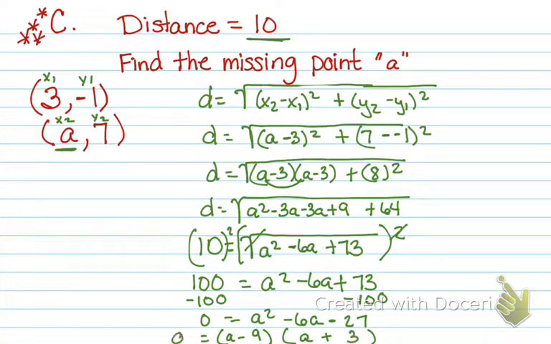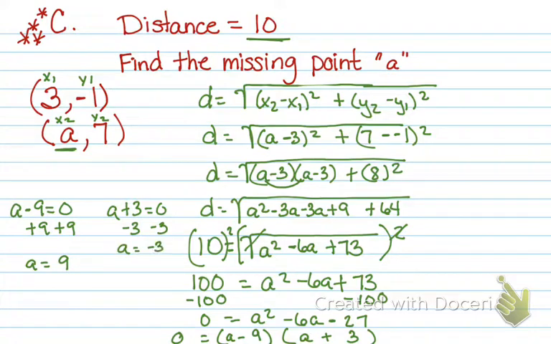Then to solve, I set each piece equal to 0. a minus 9 equals 0, plus 9 on both sides, so a could be 9. Or a plus 3 equals 0, minus 3, so a could be negative 3. Then I can plug them back in to see which one it is.